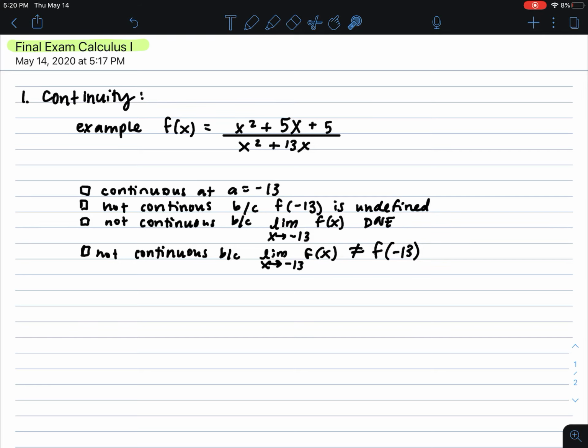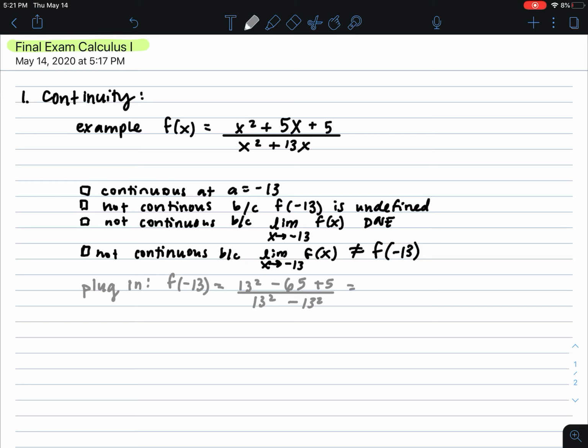So, let's see what happens if we just plug in our value negative 13. So f of negative 13 is equal to 13 squared minus 65 plus 5 over 13 squared minus 13 squared.